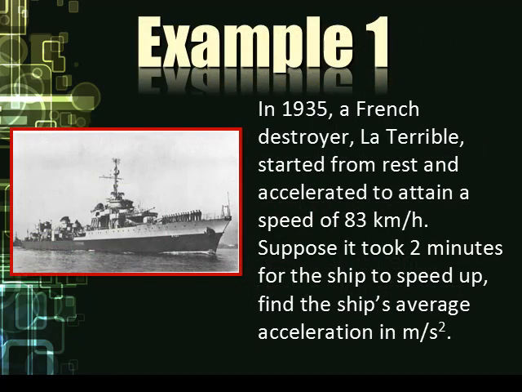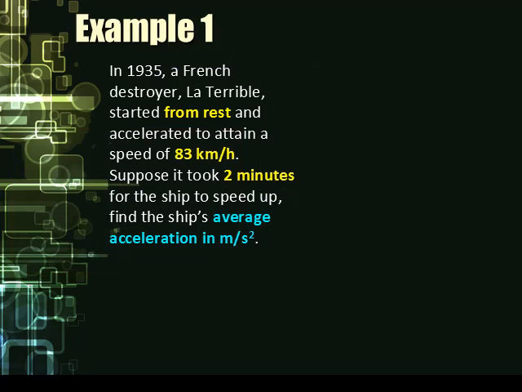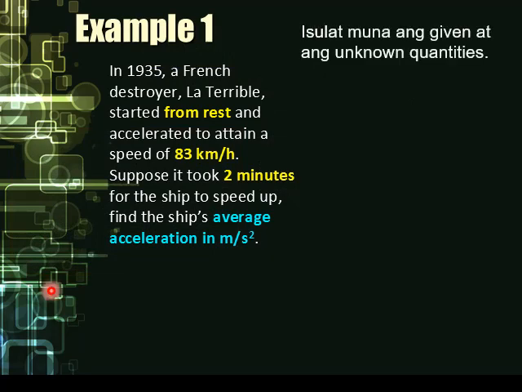Okay, so let's have an example. In 1935, a French destroyer, La Terrible, started from rest and accelerated to attain a speed of 83 kilometers per hour. Suppose it took 2 minutes for the ship to speed up. Find the ship's average acceleration in meters per second squared. Okay, so para ma-solve natin yung problem, kailangan muna natin isulat lahat ng given and unknown quantities.